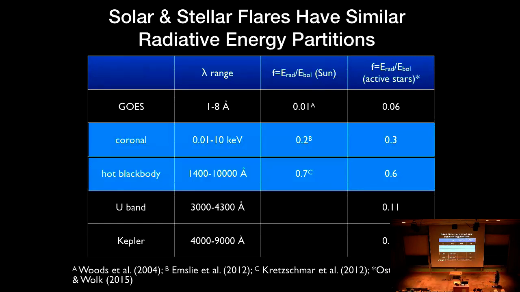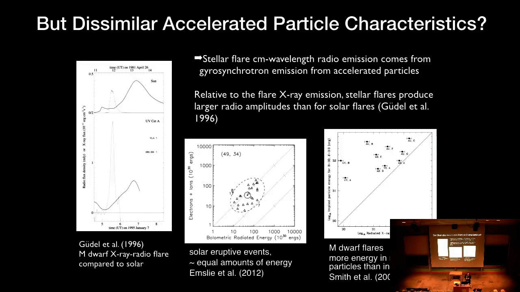That's been very well studied by some members of the astronomy department here. One thing that's striking is that if you look across active stars and the sun, you see that the energy fractionation in these flares is very similar between solar flares and active stars. So that's good. That is another confirmation that we're looking at the same basic physical process when it comes to the radiative energy in the flare.